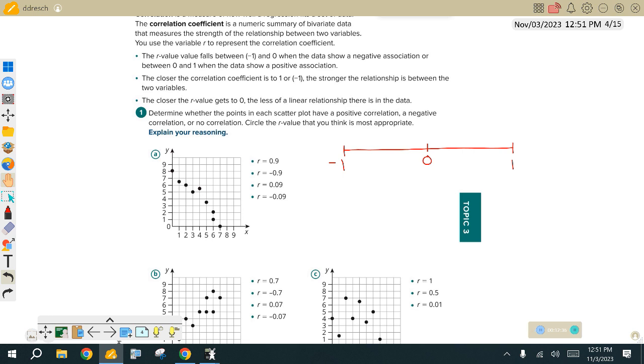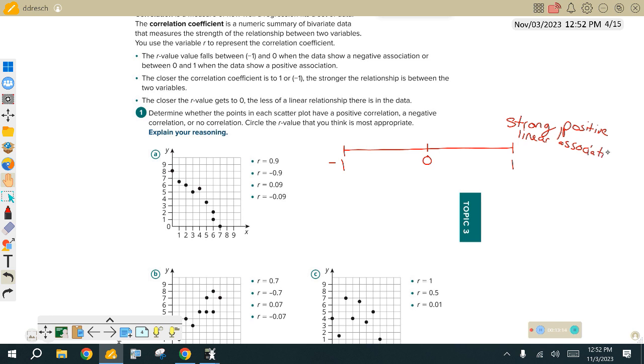Now, when I kept saying if it's a strong linear model or not, look for example. Okay? To be strong, you got to be close to either 1 or -1. So if you're a 1, when we run our program and that R value returns like a 1, we say we have a strong positive linear association.